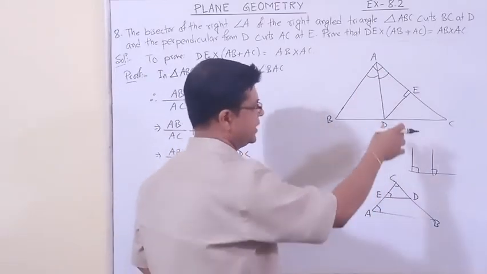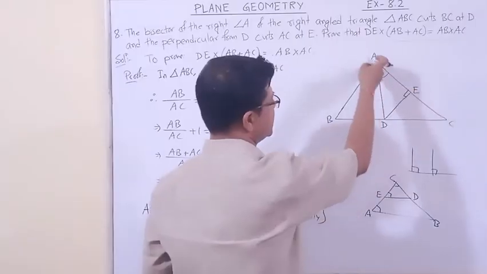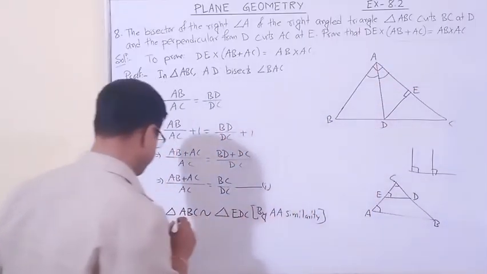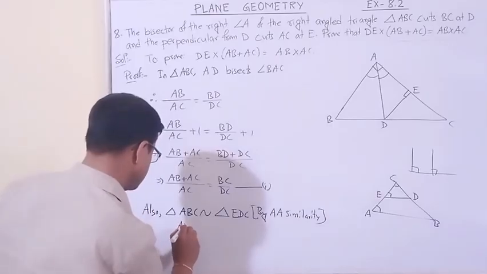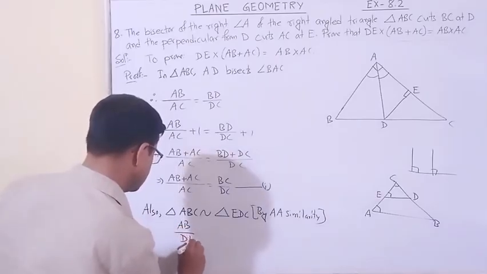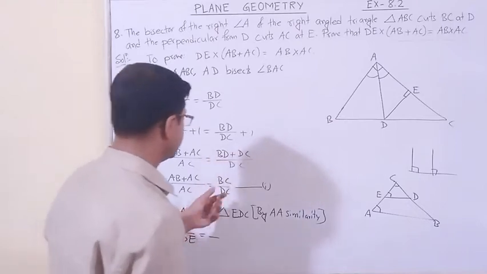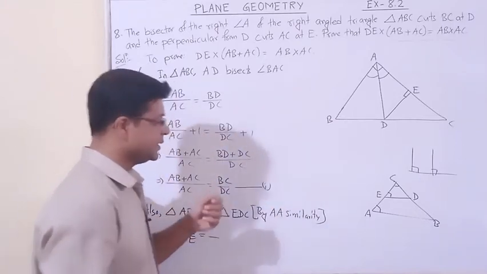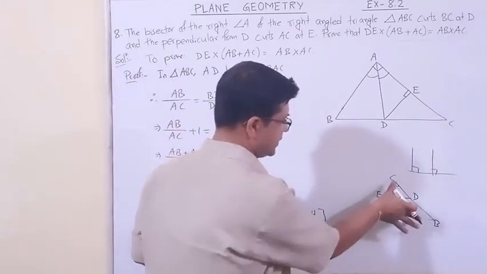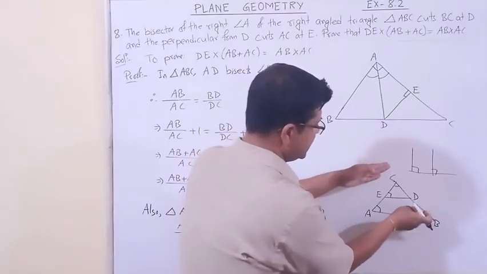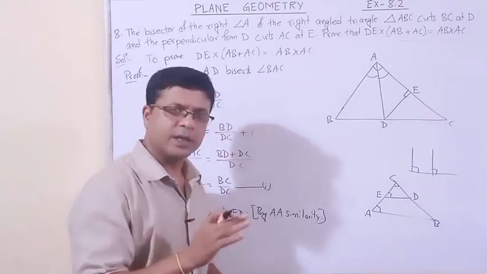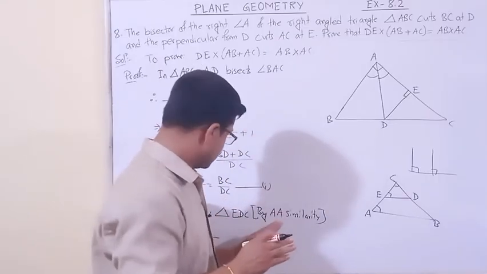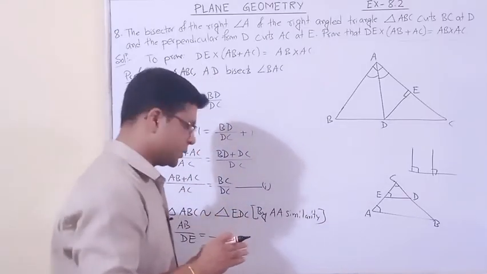here also you can see, if these two triangles are similar, that is AB by DE is equal to what we need? We need this BC by DC. We know that if two triangles are similar, then the corresponding sides are proportional.